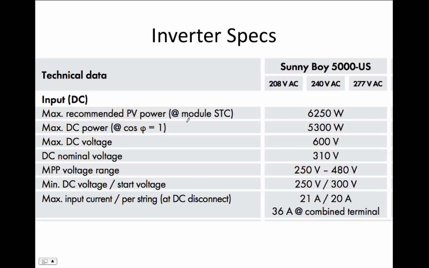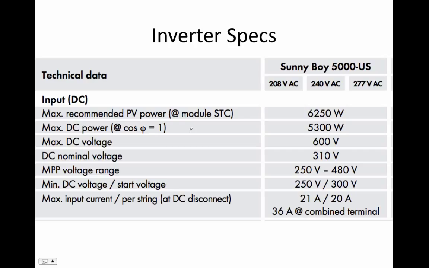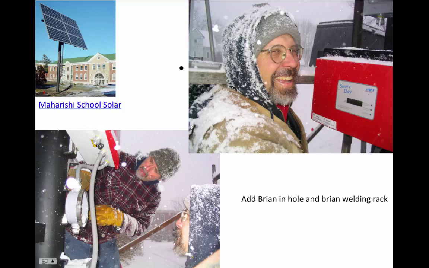Actually, Sunny Boy is made by a company called SMA, and they have on their website a calculator where you put in the type of solar panel you're going to use and its characteristics, the open circuit voltage, the maximum power voltage, all that. And it'll do all the calculations for you. So you rarely have to do this kind of calculation by hand these days.